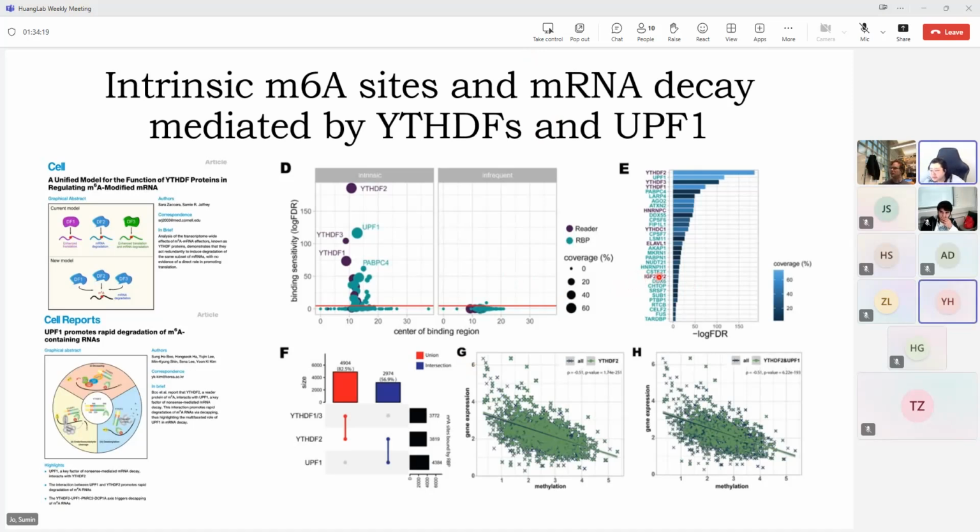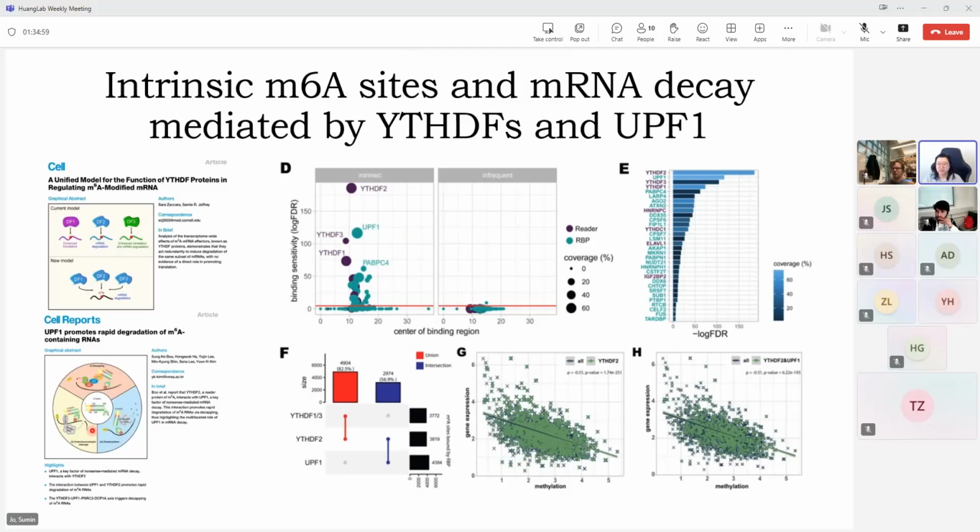Sumi, I have a quick question. YTHDF1, 2, and 3 are known to be in the cytoplasm, whereas UPF1 is known to be inside the nucleus. How do we potentially reconcile this? This recent paper shows that UPF1 is in the nucleus, and NMD is a separate process.